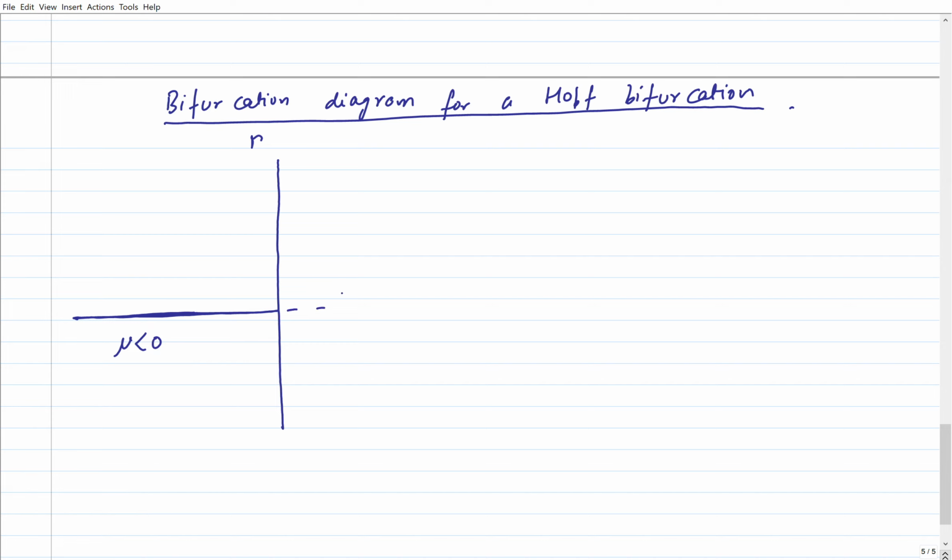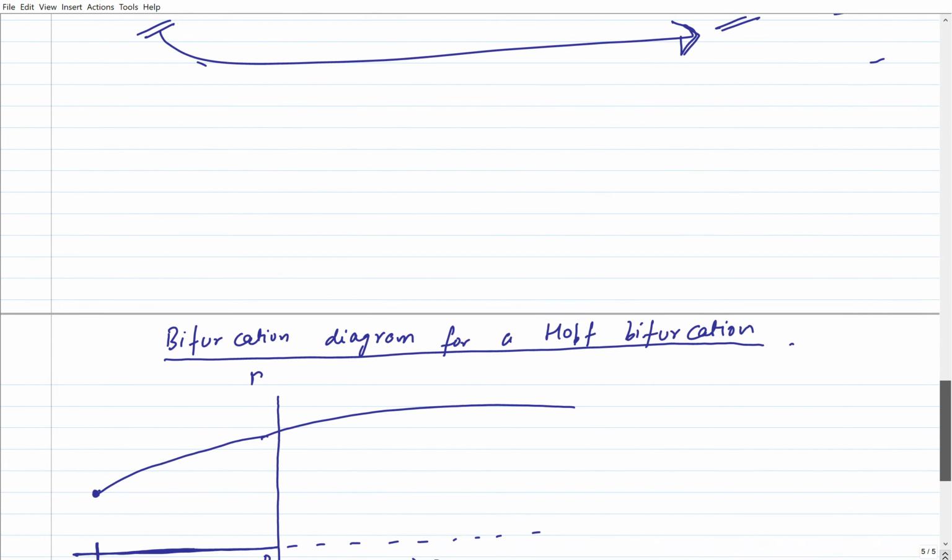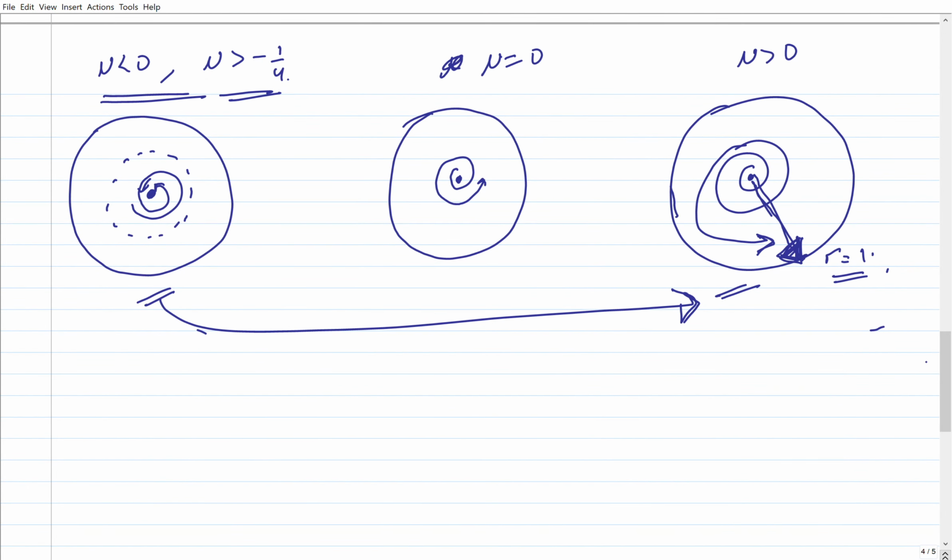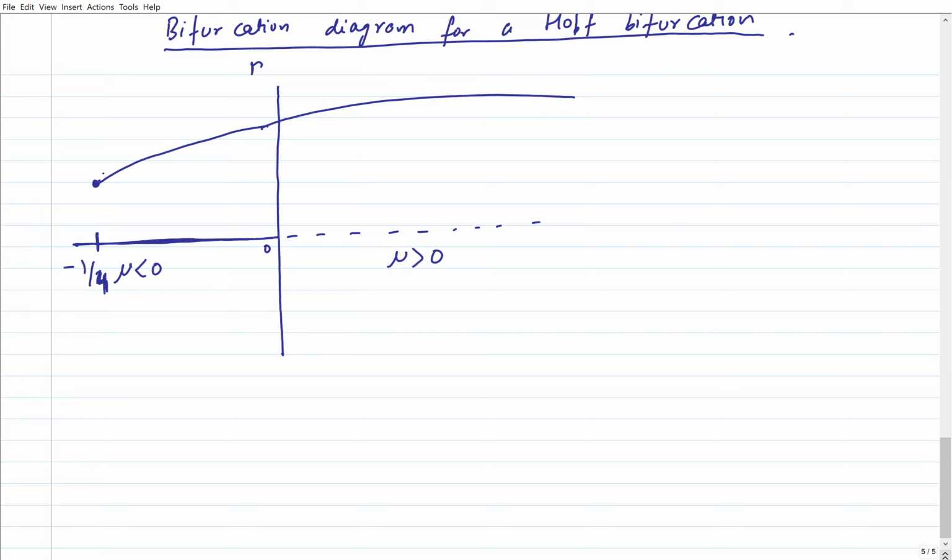This stable fixed point at r equals to 0 loses its stability. This was mu greater than 0. Then one of the crucial points I had was minus 1 by 4, where suddenly I have two limit cycles, one of them the stable one. This was the limit cycle we were talking about, this guy. And then there is an unstable one, which, by the way, gets destroyed. It collides with the fixed point at r equals to 0 and renders it unstable.